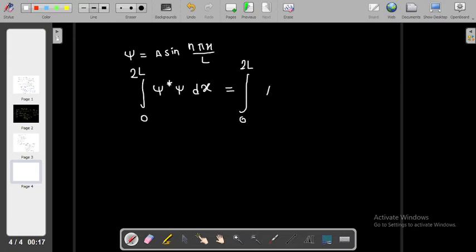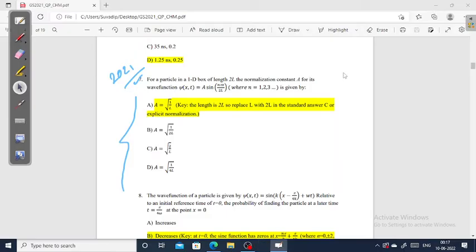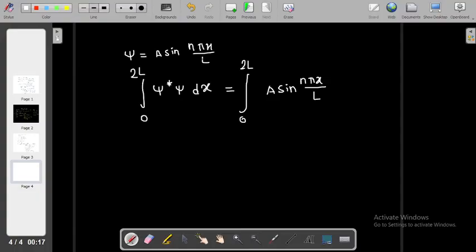This will be A sine(n pi x by 2L), and as well we have psi also. As there is no complex conjugate, I can make it A square sine square(n pi x by 2L) dx. Now A, the normalization constant here, comes out and the integral is from 0 to 2L of sine square(n pi x by 2L).